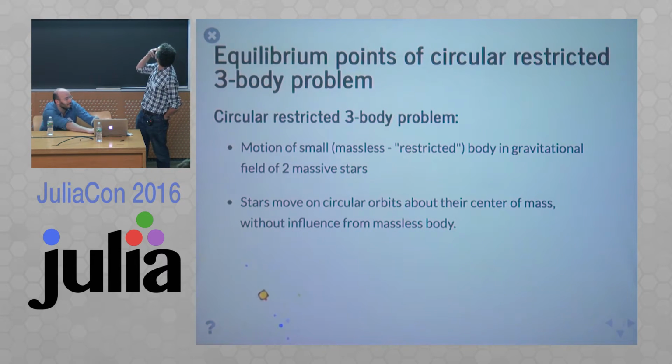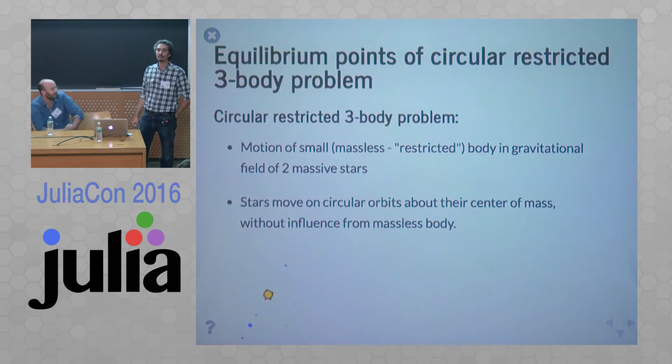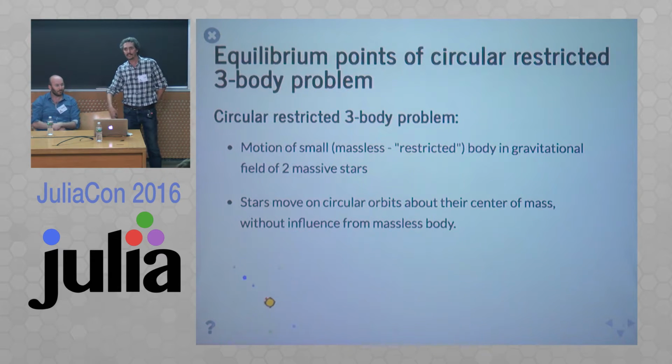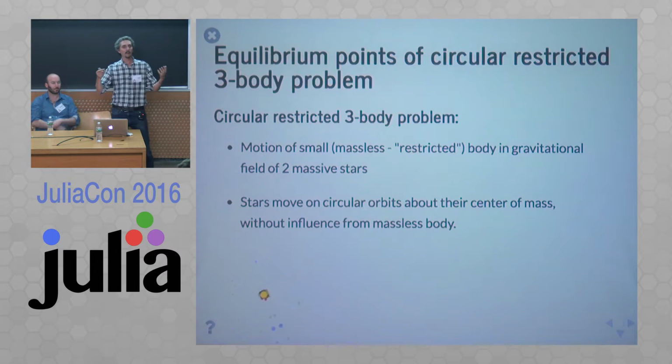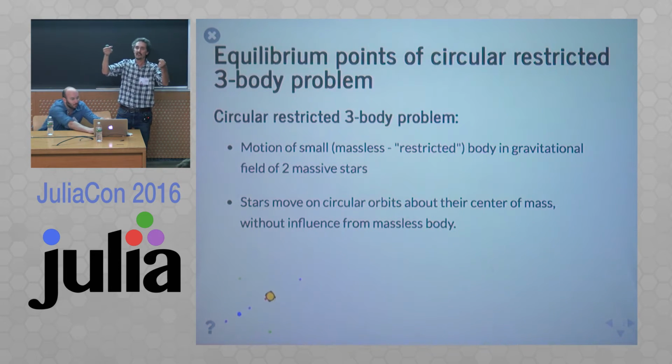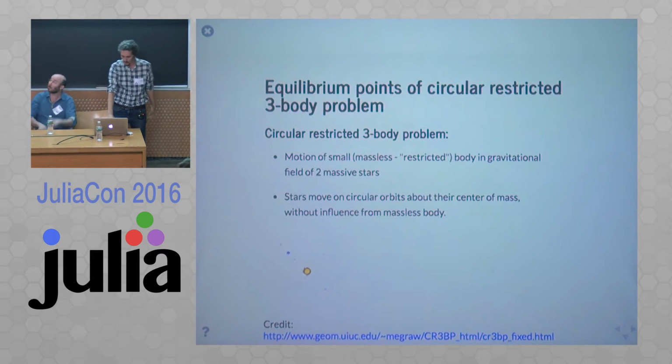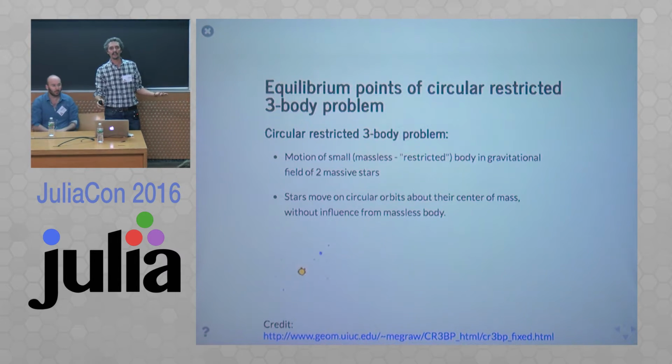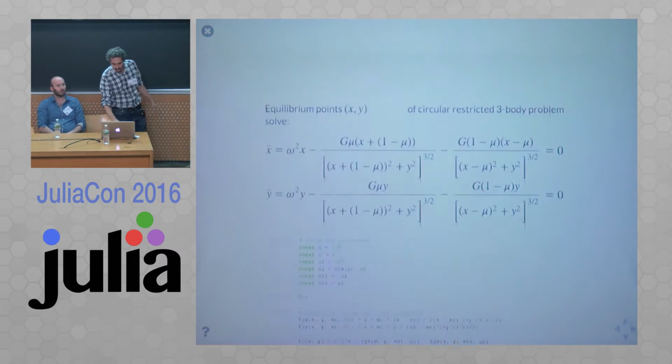So let me begin with calculating the equilibrium points of the restricted three-body problem, which has been known since the 18th century or even before. What's the idea? We have two massive bodies rotating on a circular orbit, two suns, and a third particle which has no mass and feels the gravitational attraction of those two. So the question is, what are the equilibrium points?